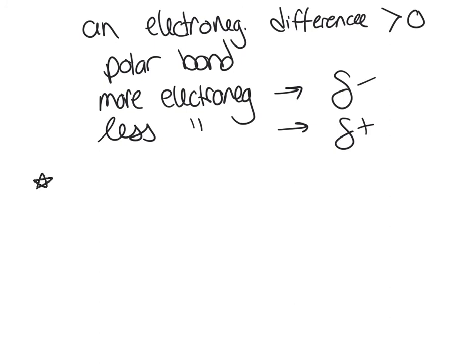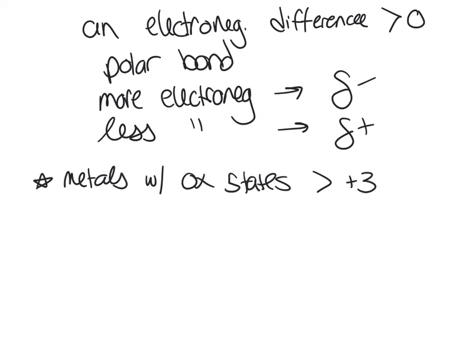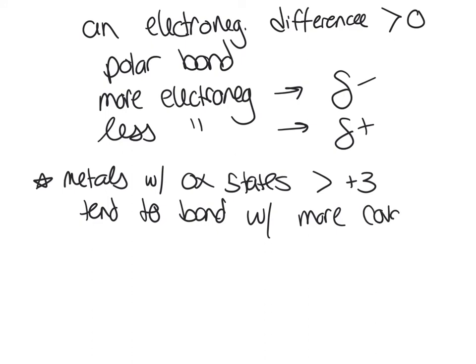You also need to know that metals with oxidation states or charges greater than +3, so greater than or equal to +4, tend to bond with more covalency, okay? It's a spectrum.